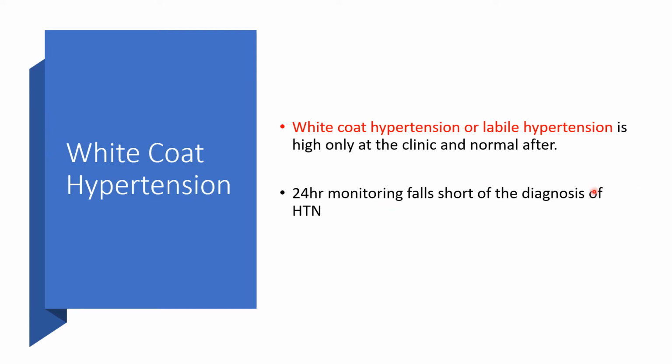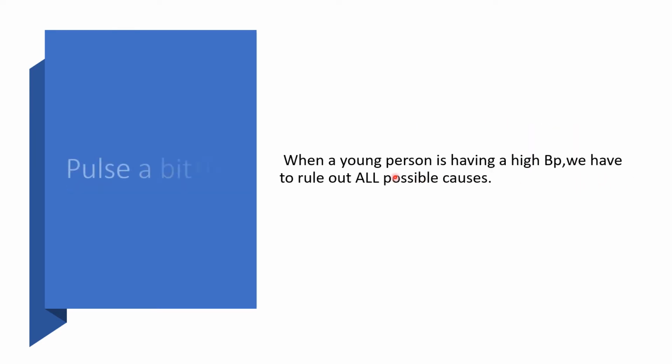Okay, then don't see me again, right? But we have to pause. Why? When a young person has high blood pressure, we have to rule out all possible causes. We have to, until we've reached the bus stop, until we've been able to make the specific diagnosis of what is responsible.